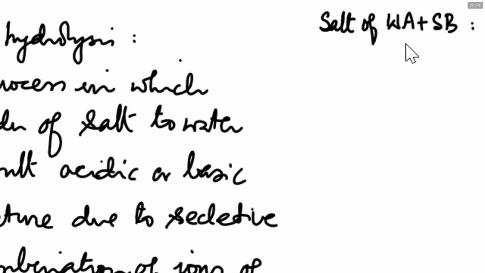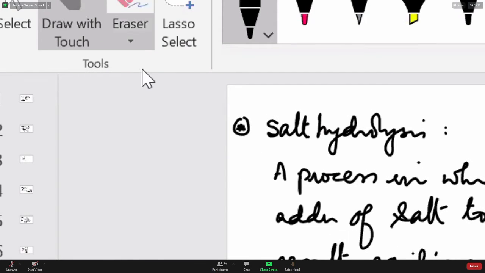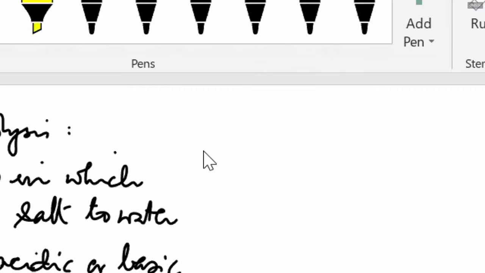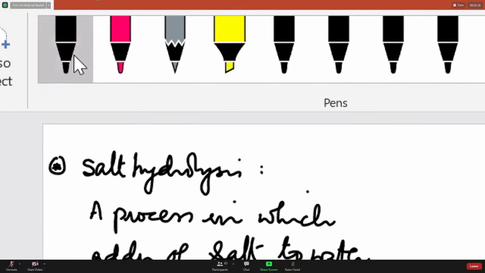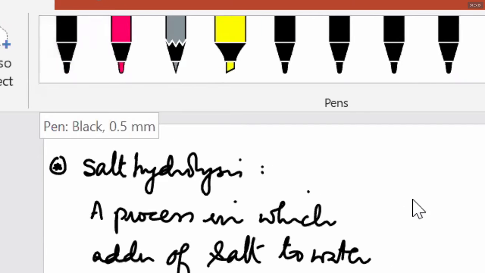Now try to understand the meaning of hydrolysis of salt of weak acid and strong base. For this purpose, let us understand the steps which we have to teach as a teacher and the steps which you have to learn when you are doing study hours.